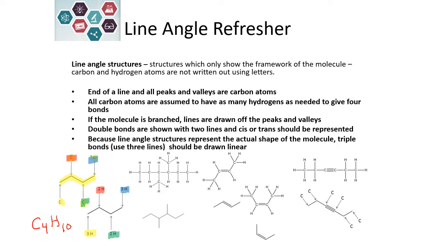If we are drawing branched molecules, where we have additional carbons coming off that backbone chain or that long carbon chain, so in our second example, we have 1 branch and 2 branches, we also need to include that in our line angle structure. That first branch comes off 1, 2, 3 carbons, and then we have the branch that comes off of it.